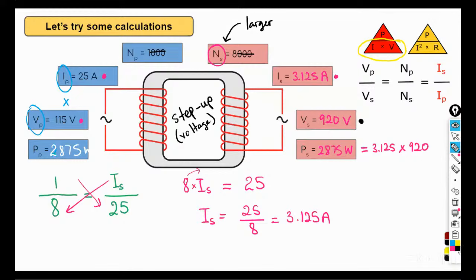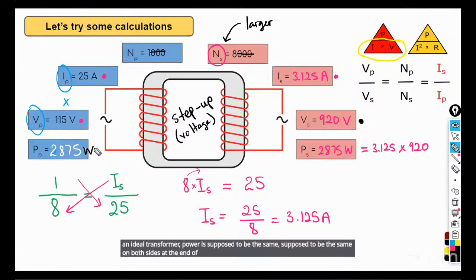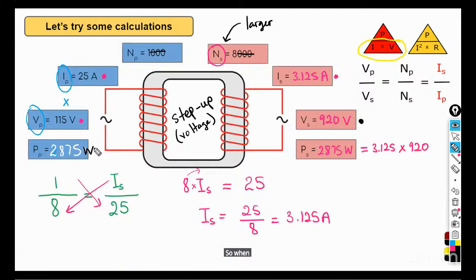So given the fact that this was a perfect transformer, if we're assuming it's an ideal transformer, power is supposed to be the same on both sides at the end of the question. And it is. So when I hand up my paper in the exam, I leave there confident. No way I'm getting anything wrong in that question.